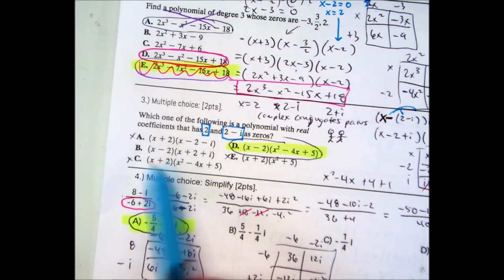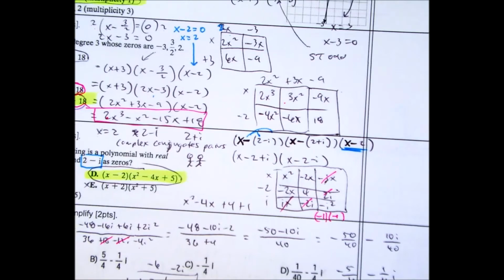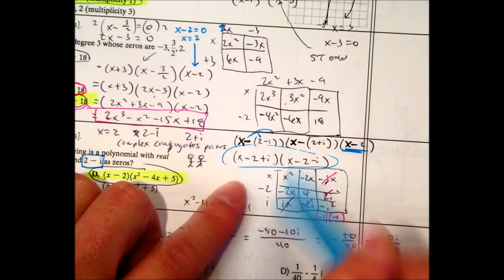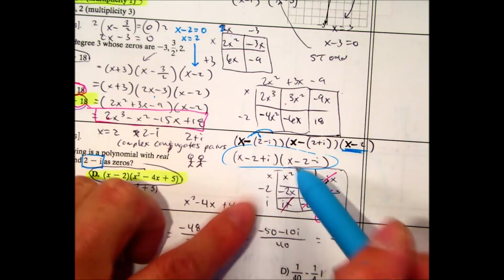If you recognize in the multiple choice here, all of your choices have either an x plus 2 or x minus 2, so I don't really need to distribute this. All I have to do is just multiply these two. X times x is x squared, negative 2x, negative ix.